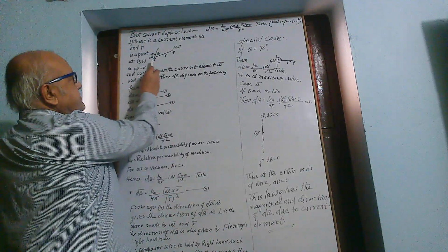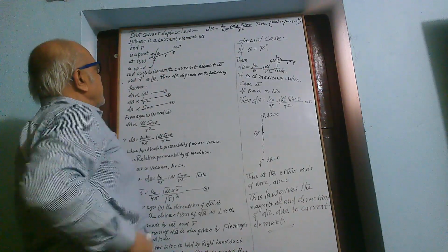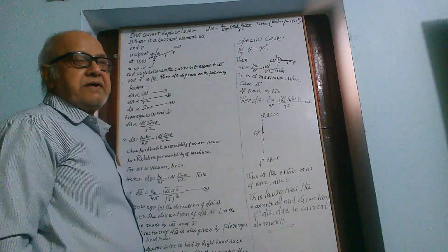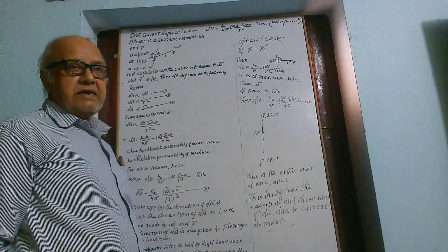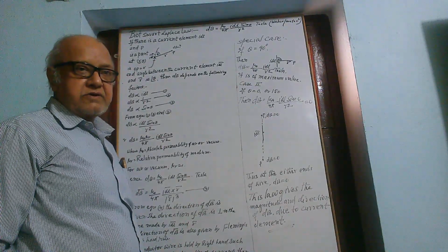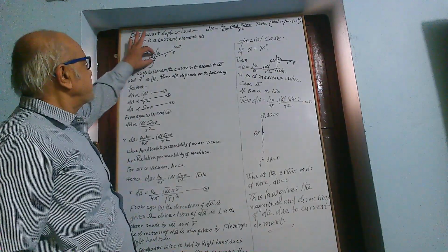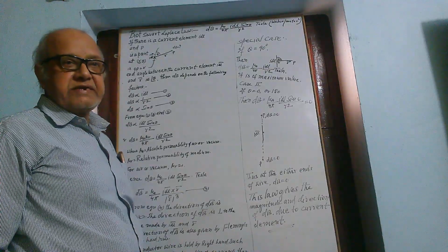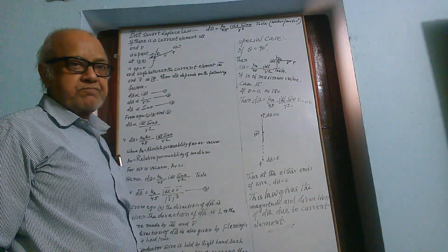This small piece of wire, as denoted in the figure, has length dl and the current flowing through it is I. Then Idl is called the current element. Due to this current element, a magnetic field will be set up around it.